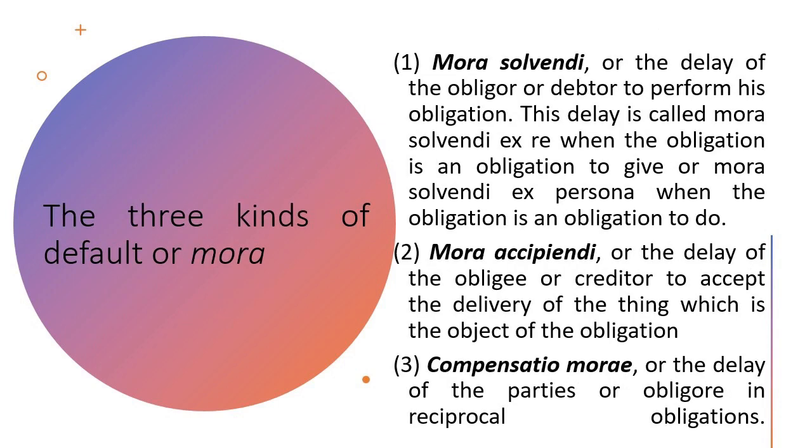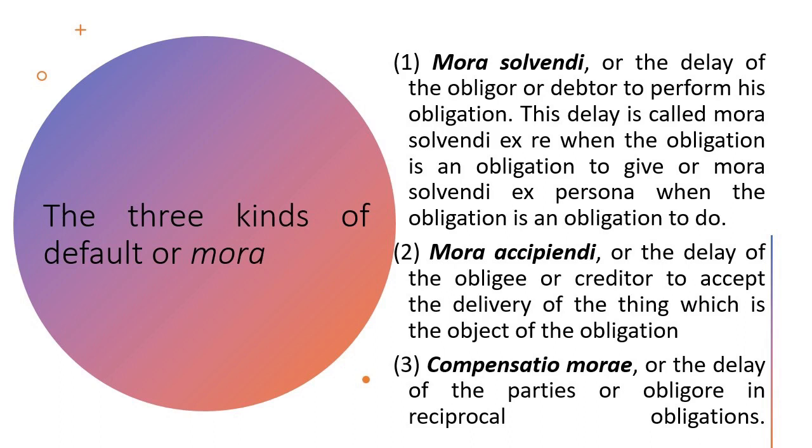The three kinds of default or mora. 1. Mora solvendi, or the delay of the obligor or debtor to perform his obligation. This delay is called mora solvendi ex re when the obligation is an obligation to give, or mora solvendi ex persona when the obligation is an obligation to do. 2.